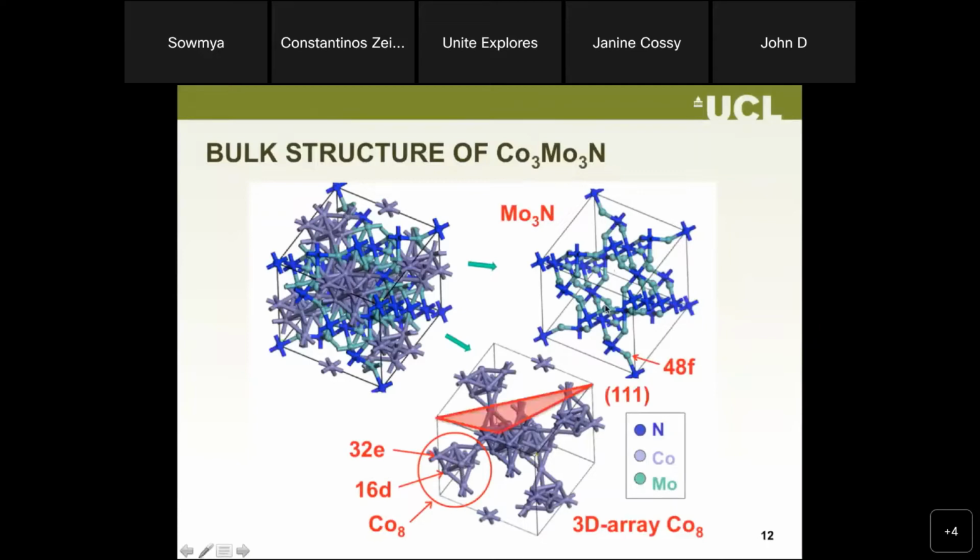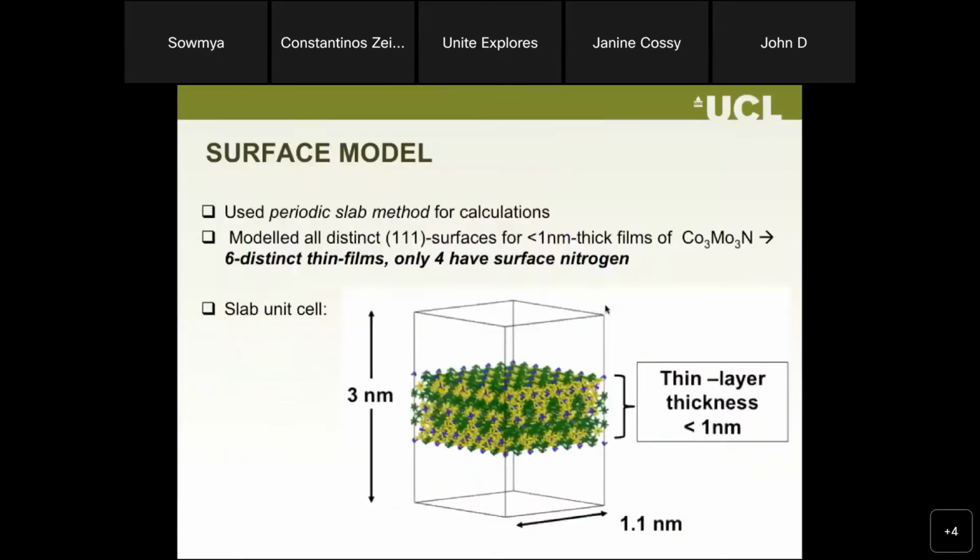You have the highest density of these cobalt clusters along the 111 surface. So we decided to just look at the 111 surface of this catalyst.